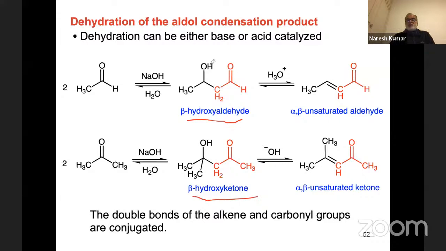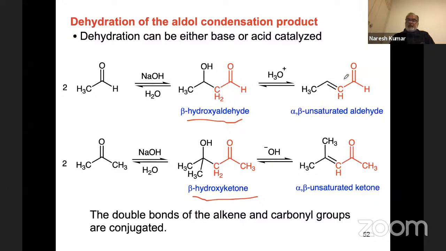You can remove a water molecule from these hydroxyaldehydes and hydroxyketones quite readily. The reason is you can imagine that this proton here adjacent to the carbonyl is still an acidic proton. So if you remove that proton, you can then get rid of that as a hydroxide minus, or if you protonate that with an acid, form an OH2 plus, you can then dehydrate to get the corresponding alpha beta unsaturated compound.